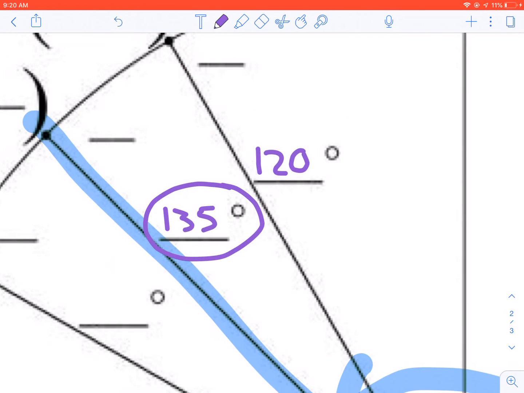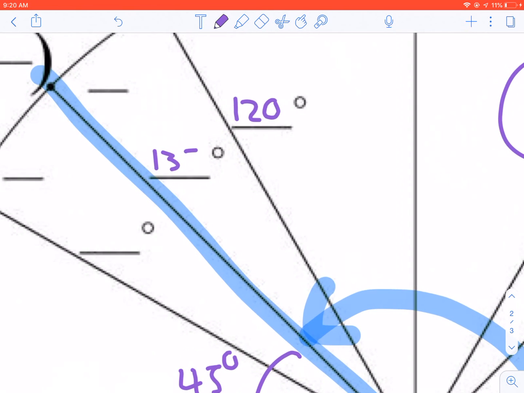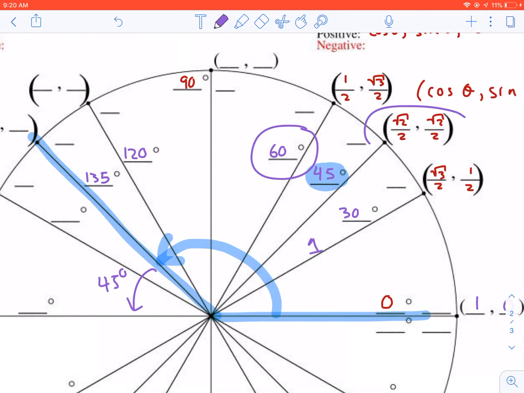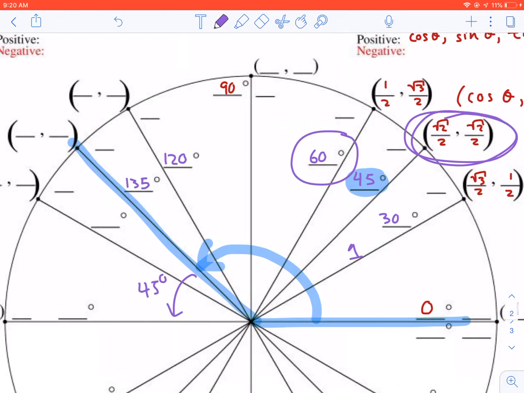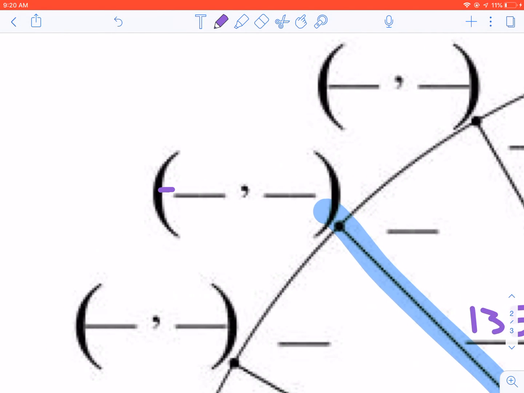So 135 degrees has a reference angle of 45 degrees. So when I say reference angle of 45 degrees, I mean it has the same coordinates as this 45 degree angle, right? The coordinates will be the same, just the signs will be different. So over here, this will be negative radical 2 over 2, comma, positive radical 2 over 2.